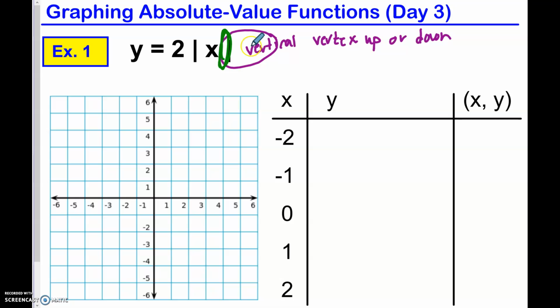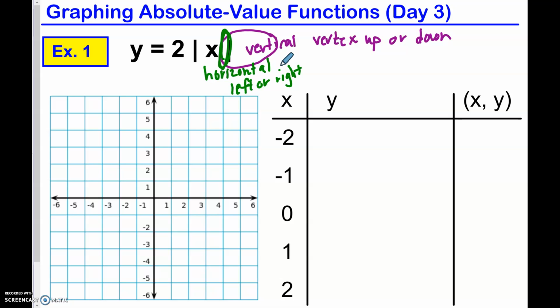And if they were right here inside the absolute value and after x, we said this was a horizontal change, affecting the vertex either left or right. So this is affecting the vertex, vertical change or horizontal shift.